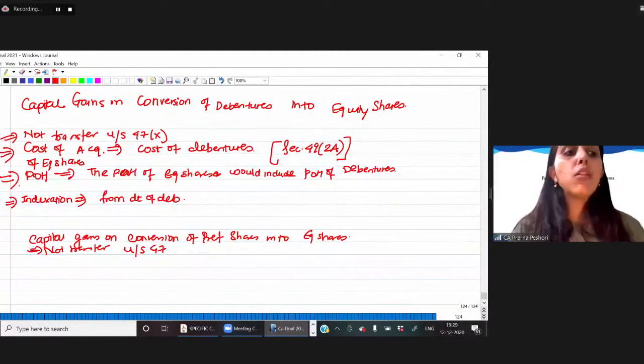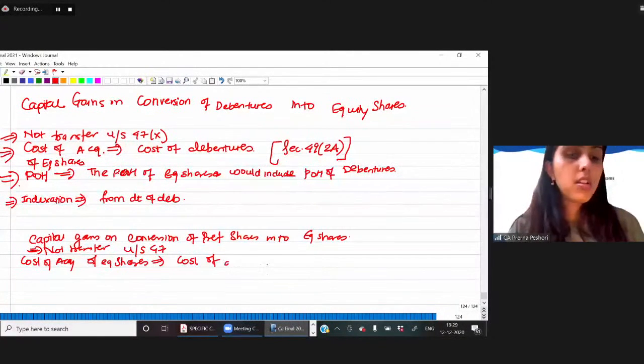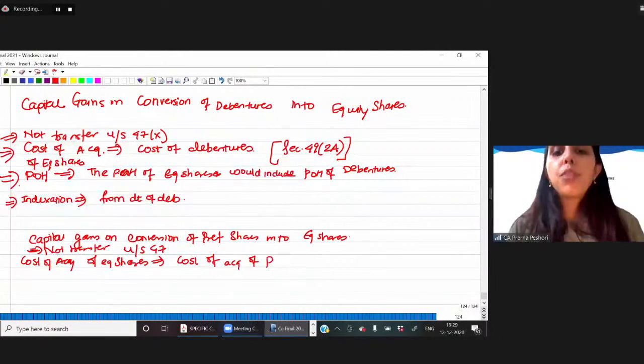And what will be the cost of equity shares? Again, the cost of acquisition of the shares would be the cost of acquisition of preference shares.